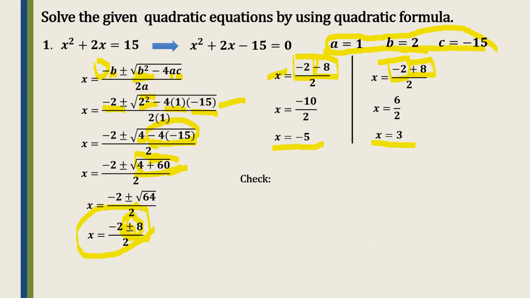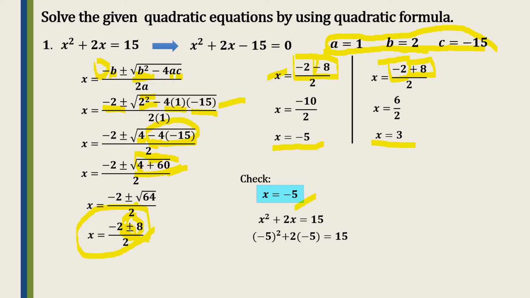Paano natin malalaman kung tama ang value ng x? Of course, we will check. Gagamitin ang original equation. So, we will have x squared plus 2x equals 15. Gamitin natin this time ang negative 5. Papalitan ang x ng negative 5.